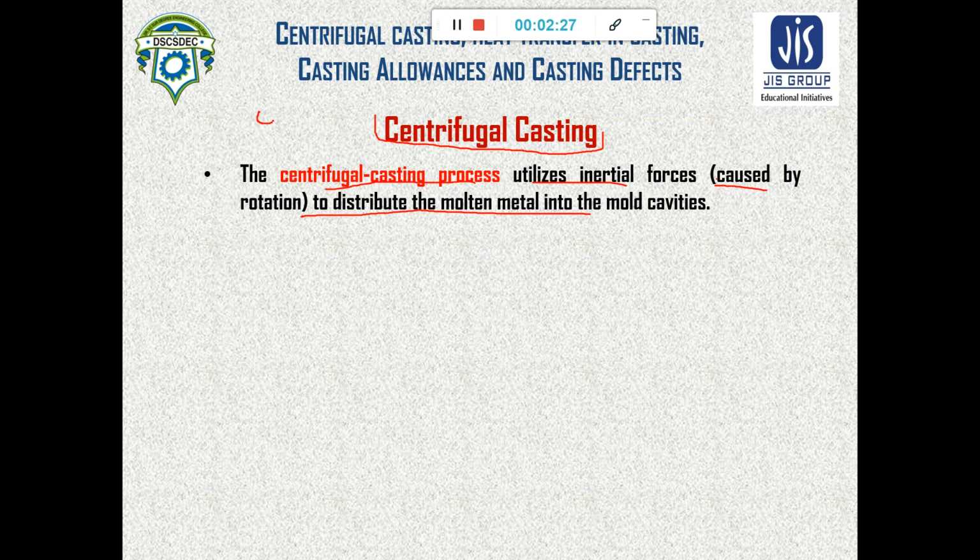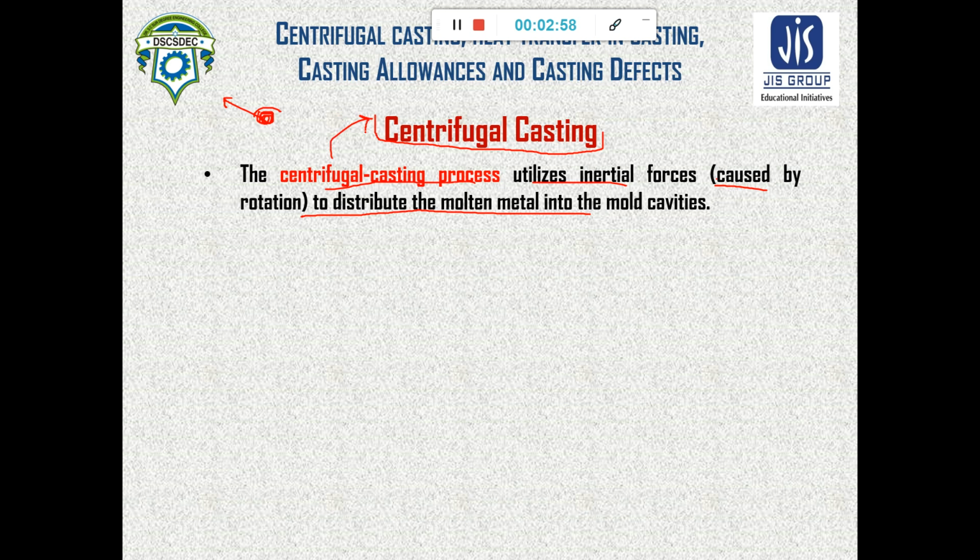What is centrifugal force? When a body is rotated at high speed, the body feels a force moving outside, away from the center of the body. This force is known as centrifugal force. Due to this centrifugal force, the process of casting is known as centrifugal casting.